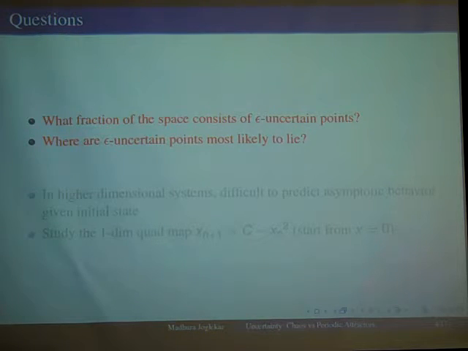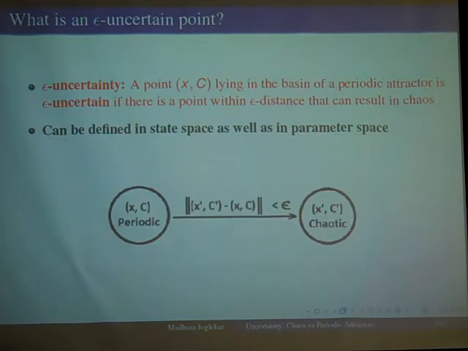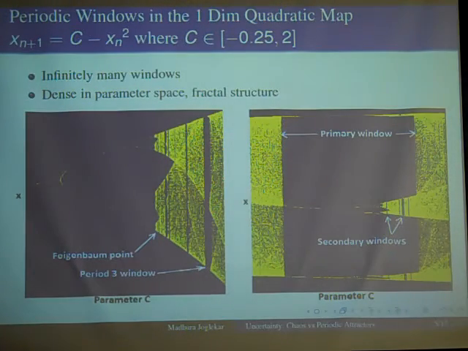Do they become fractal? Yes, they do. The reason being that there are infinitely many windows. Now windows are regions in parameter space that show attracting periodic behavior that eventually becomes chaotic. And these windows do display a fractal structure.